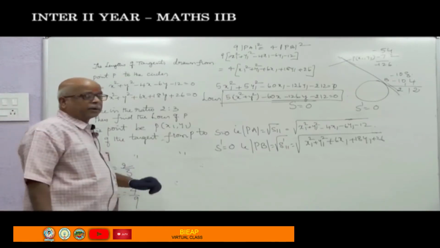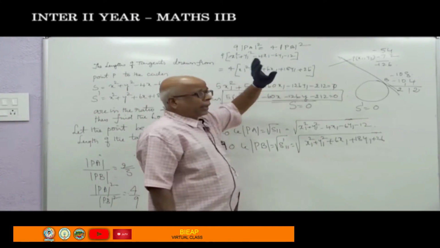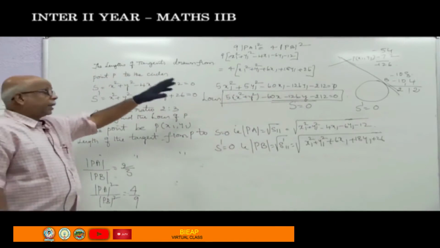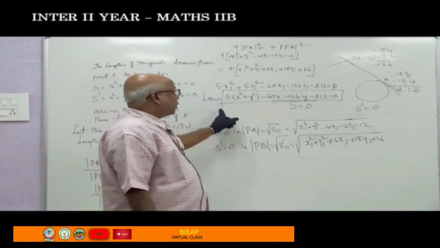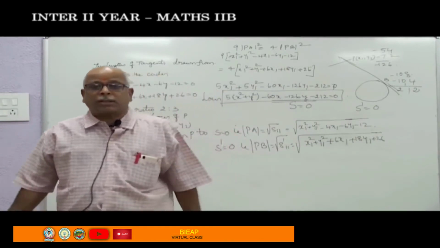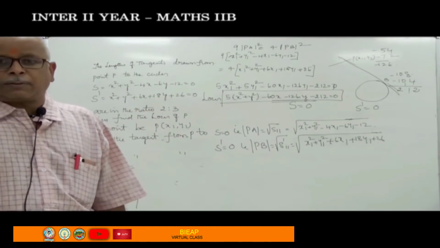Squaring on both sides, cross multiplication, we got two expressions on either side of the equality symbol. Bring all values to one side. Finally, we will get this equation. To find out the locus, replace x1 with x and y1 with y.